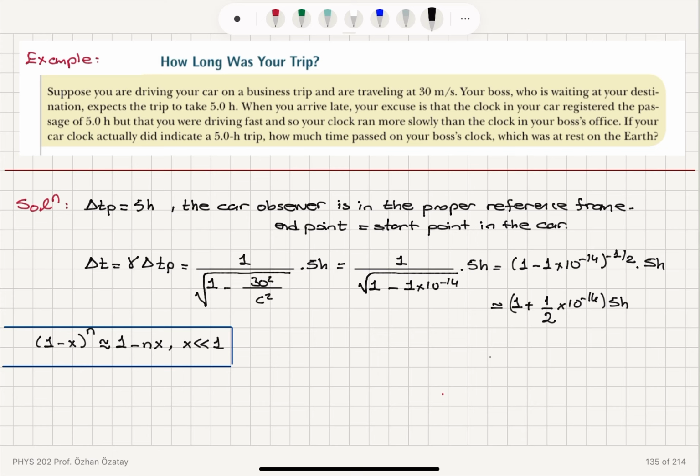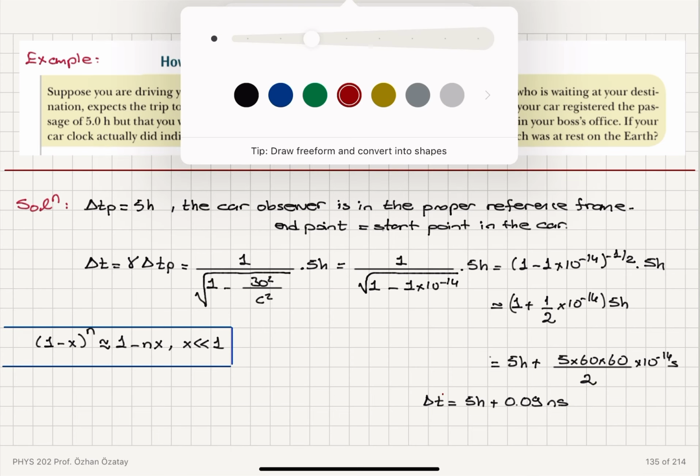So this gives me 5 hours plus, let's convert the hours to seconds here, 5 hours times 60 minutes times 60 seconds, divided by 2 times 10 to the minus 14 seconds. So I find that the time interval measured on the Earth should be 5 hours plus 0.09 nanoseconds. All right.